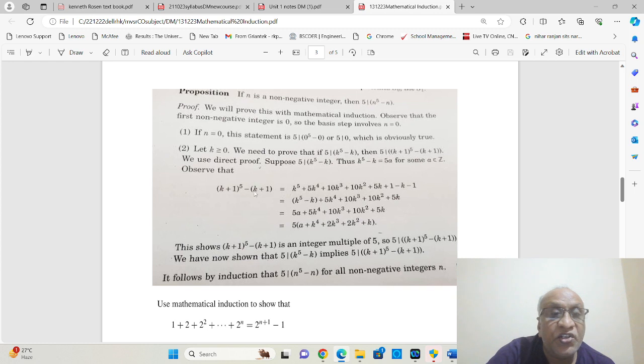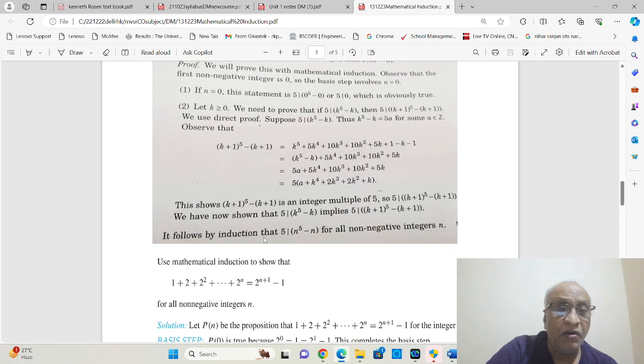So this shows that this k plus 1 to the power of 5 minus k plus 1 is an integer multiple of 5. We have shown that this implication holds. As this implication holds, by induction, we can say that this relationship holds.